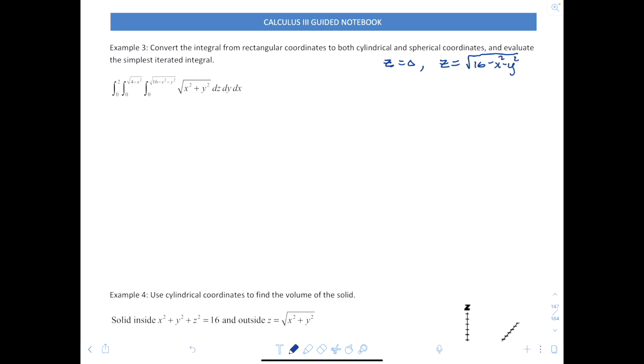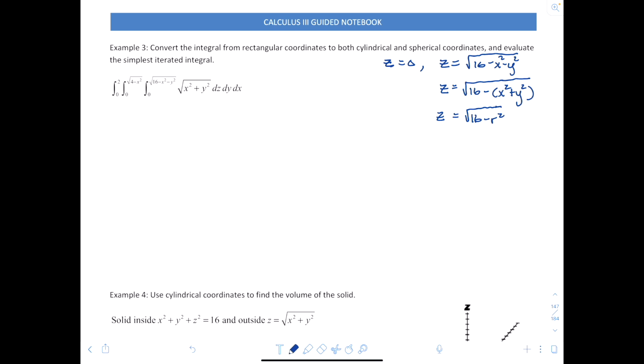Cool so far? So if we were to factor out a negative, we'd have 16 minus x squared plus y squared. And x squared plus y squared is r squared. So this would be root 16 minus r squared. Cool so far?